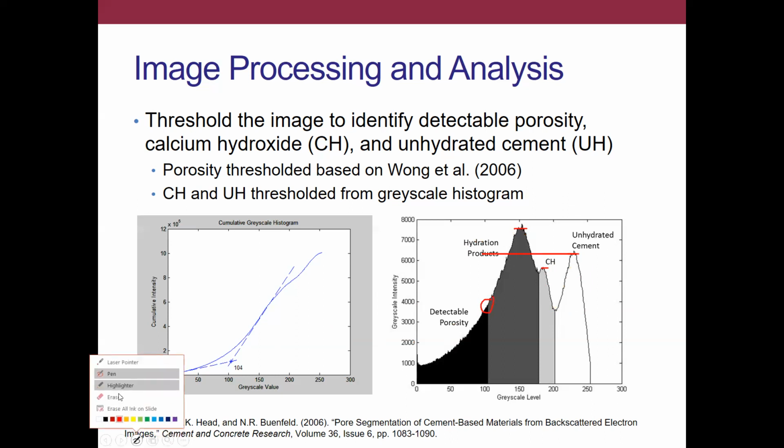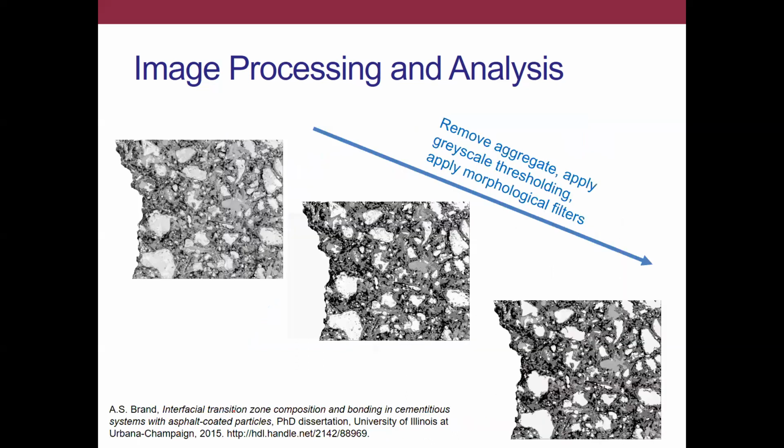So once we have our grayscale histogram, we can go through and threshold out what each of these materials are. So what's unhydrated cement, what's calcium hydroxide, and what's porosity. And just to show you what that looks like, the method that I had developed was we first need to remove the aggregate. So we just did that with a Photoshop program.